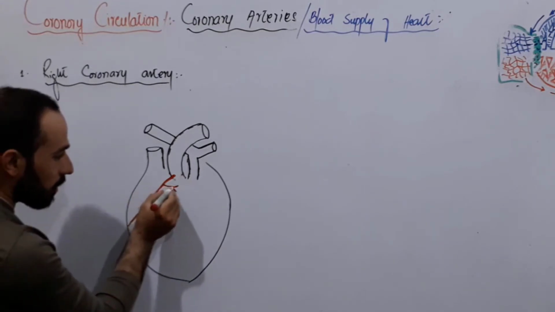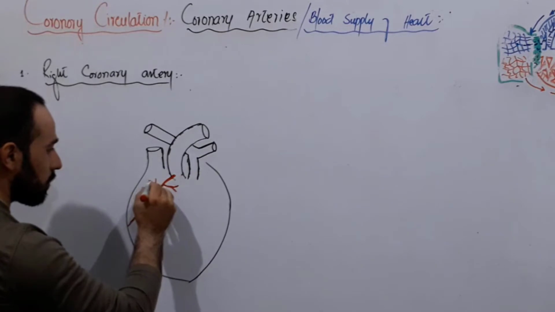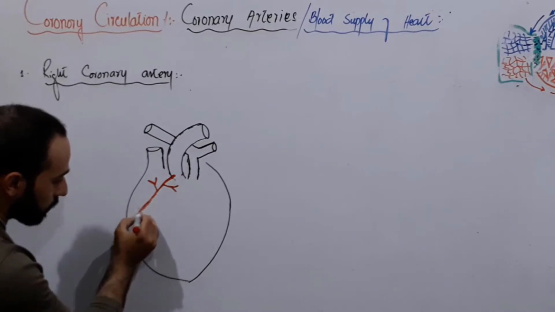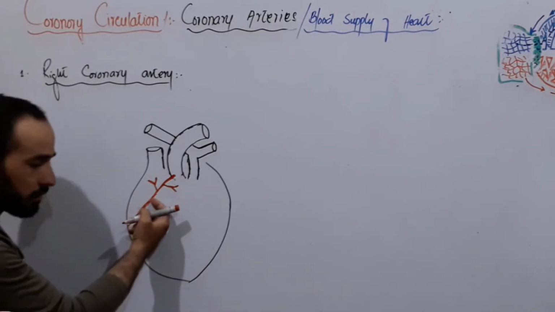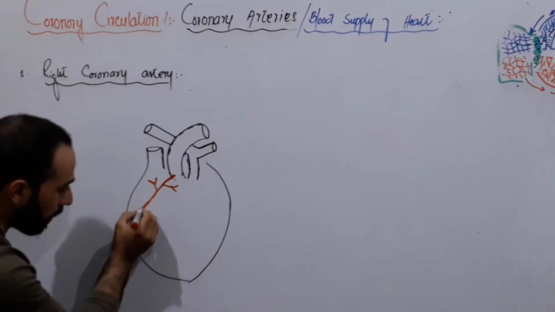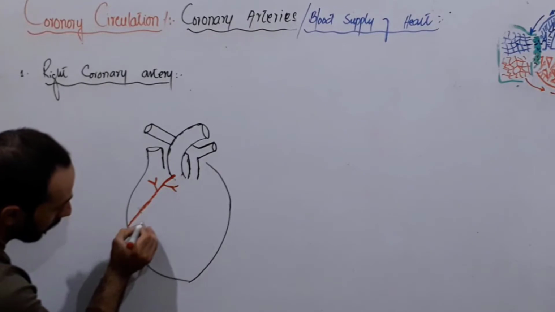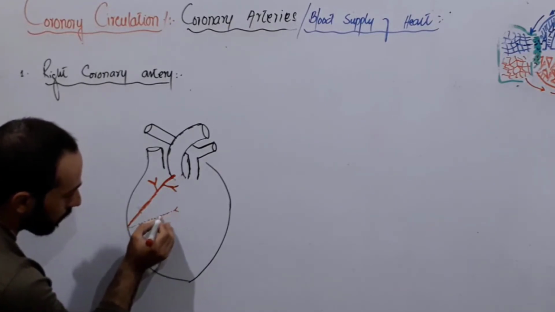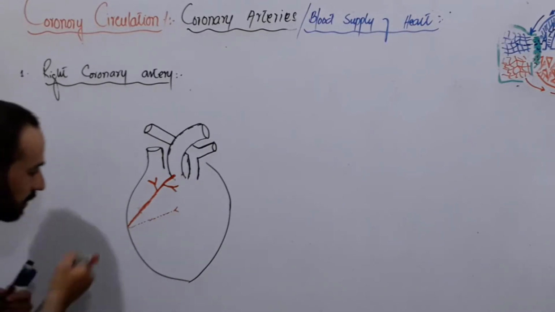Here is another small branch, which supplies blood to the sinoatrial node. This branch comes over the right atrium to the margin, and then turns back on the posterior aspect of the heart.